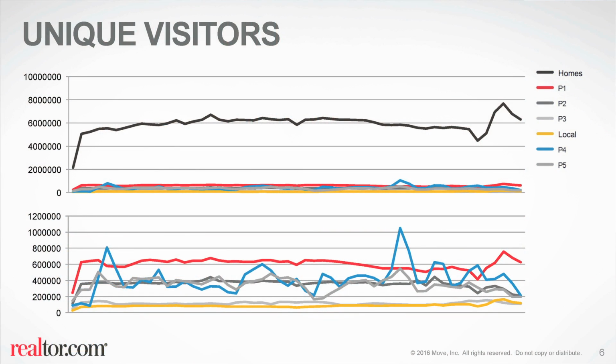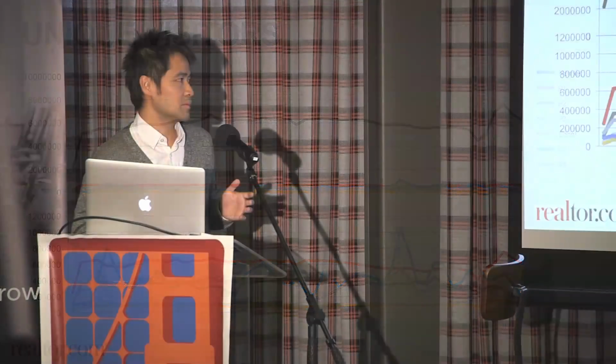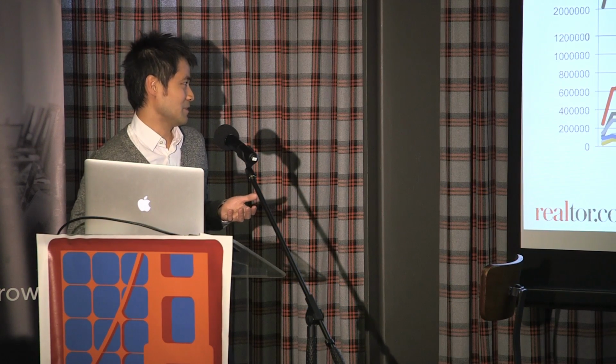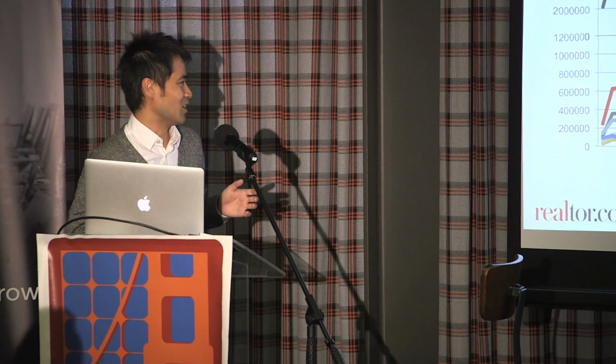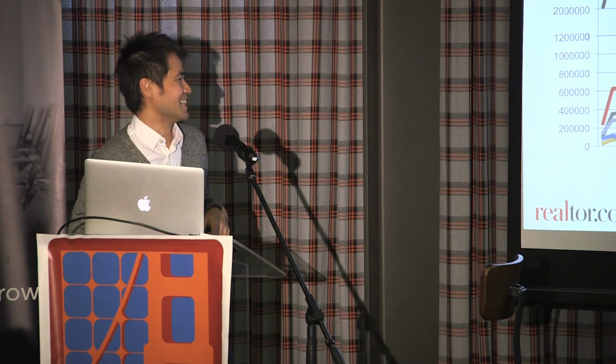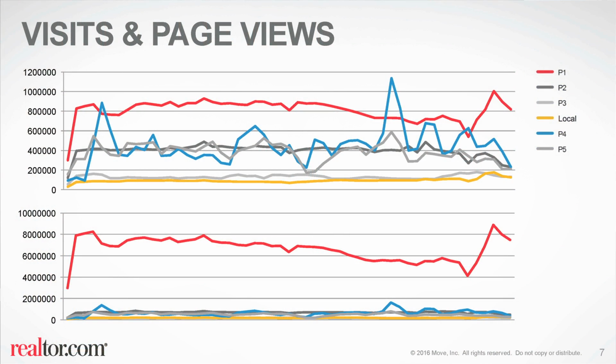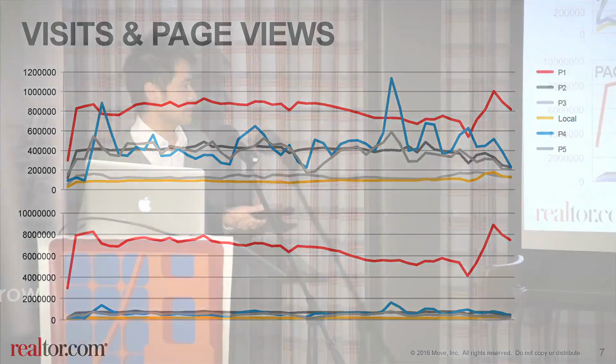But if we look into the number of unique visitors, you can see that this local page performs a little bit lower, or maybe you can actually see it's almost all-time lowest compared with other pages. And if you look into the number of visits and page views, you can also see the same thing.